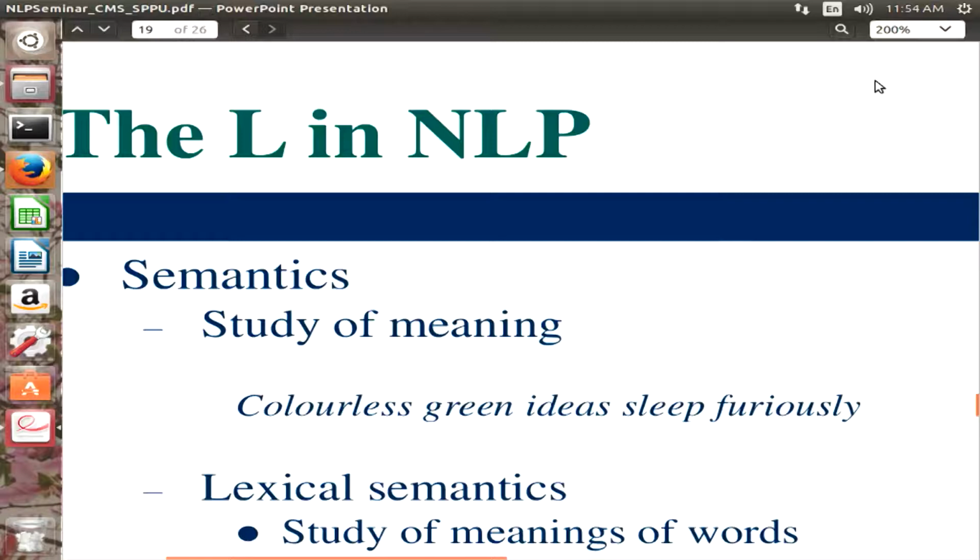Is it a sentence in English? Yes. Why do you say that? It's grammatical.